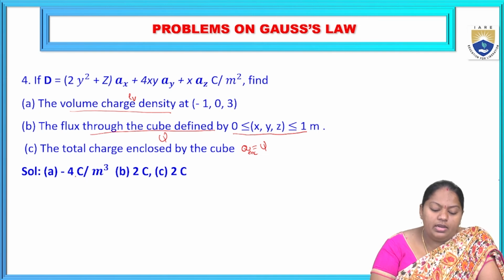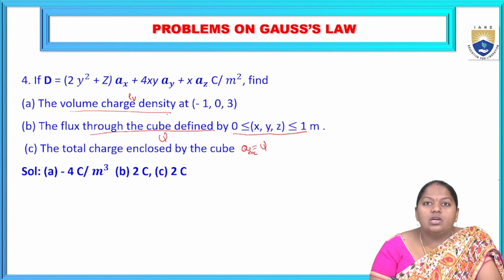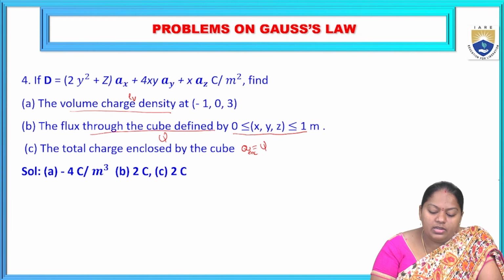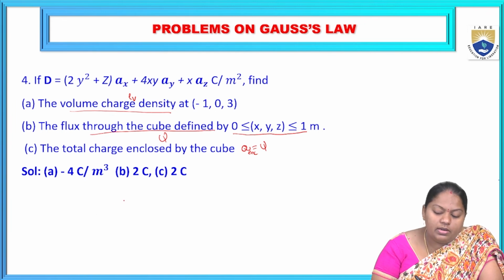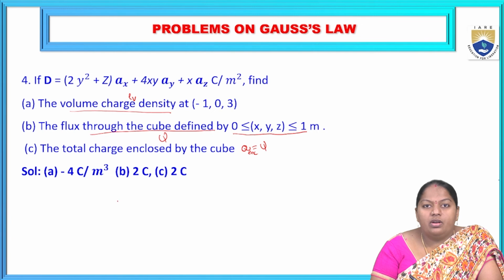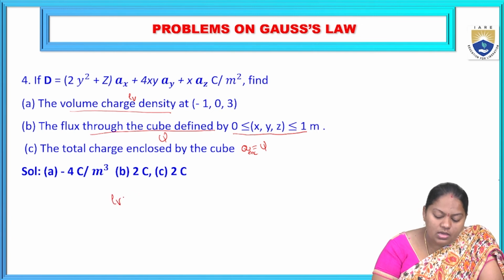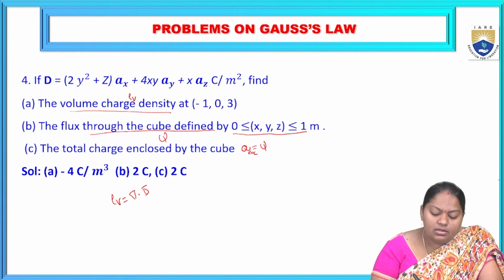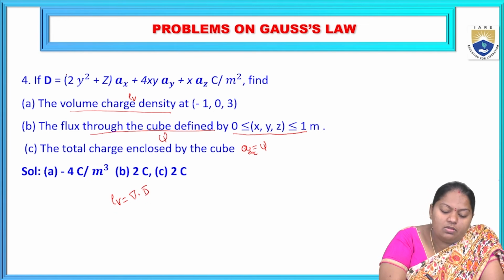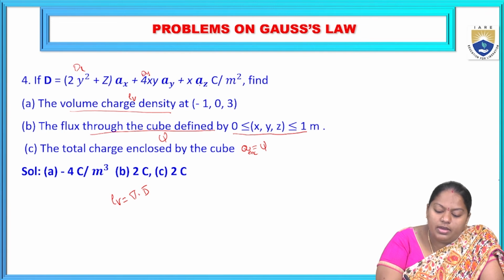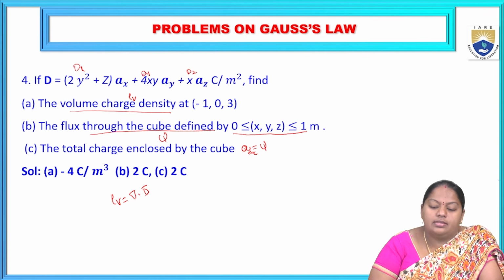First we need to evaluate the volume charge density. The relation between volume charge density and electric flux density is given by the point form or differential form of the Gauss law, rho v equal to del dot D. Generally D is a vector and it is expressed as D equal to Dx ax plus Dy ay plus Dz az.